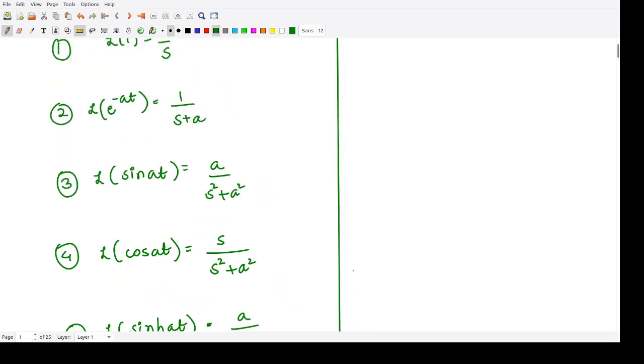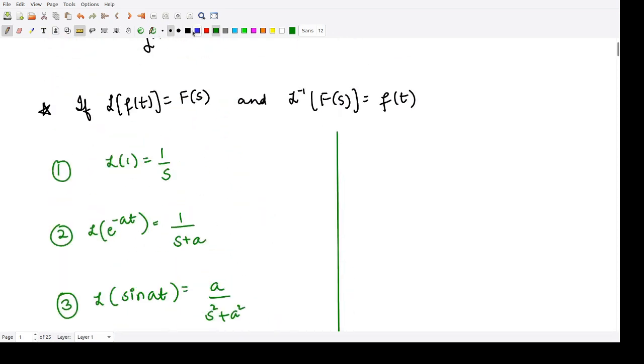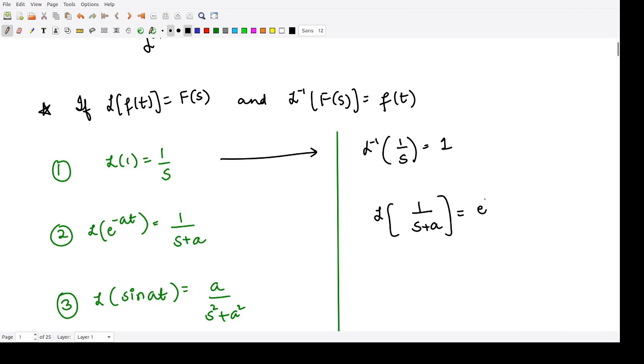So the inverse Laplace transform in the first case, the Laplace inverse of 1 upon s, is equal to 1, using this particular formula. The Laplace inverse of 1 upon s plus a is equal to e to the power minus at. So this is the first formula, this is the second formula.